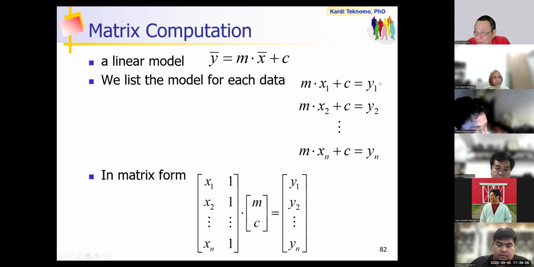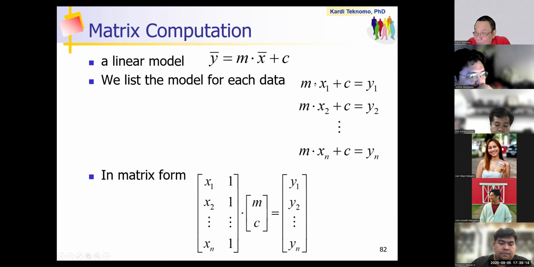The right hand side is y, so I put y1 until yn. Then I follow this format exactly. This is m times x, so I put the x. This one is c times 1, because the intercept should have a certain value, so I just put 1 here.